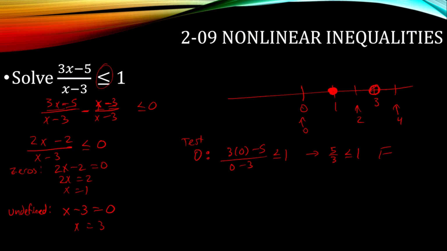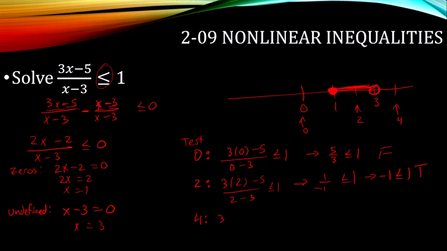No. That's 1 and 2/3. Let's try the 2. So that would be 1 over negative 1, or negative 1 is less than 1. That is true, so this middle section works.